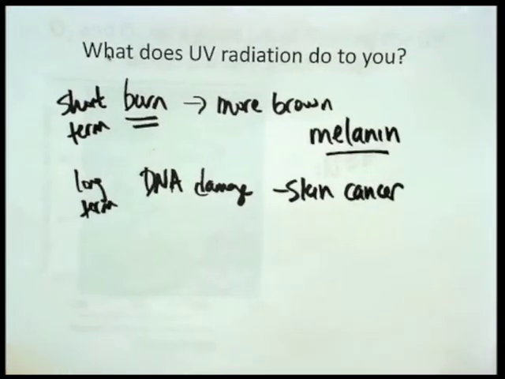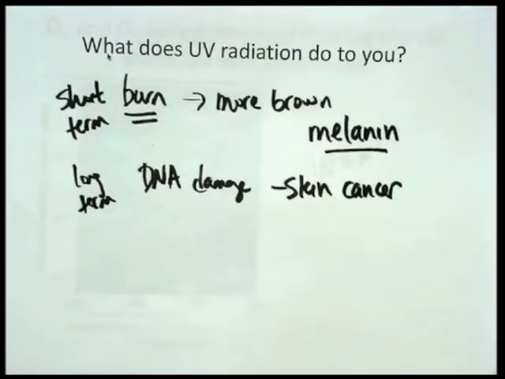And melanin is what gives your skin the brown color. Now, if your skin is already brown, that means the way you are genetically made up is you have more melanin in your skin. If your skin is lighter in color, more white, that means you do not naturally have very much melanin in your skin.